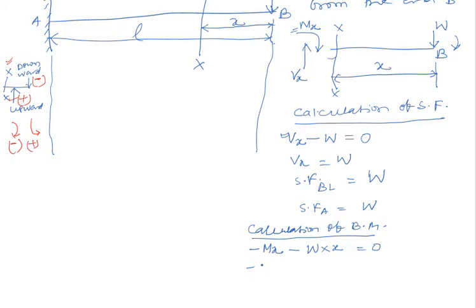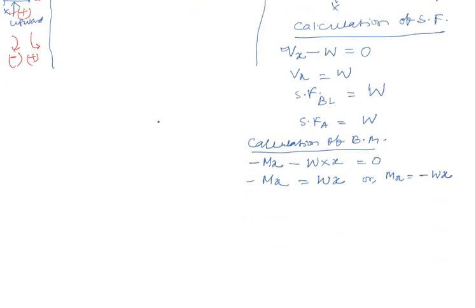So minus Mx is equal to minus Wx, or Mx is equal to minus Wx. So this is the bending moment at section XX.